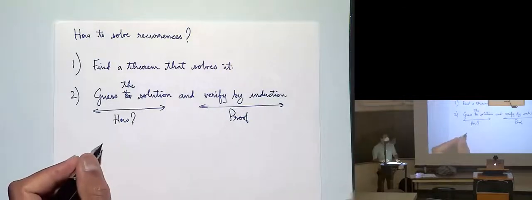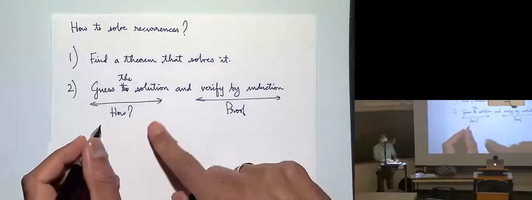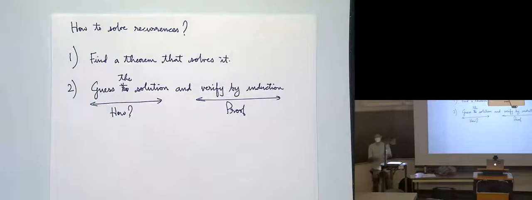The way you do it, and this process is what I want to show you, is that there is some sort of method to how one does this. You'll see that it's flexible enough that every recurrence that we come up with, you'll be able to solve through this.